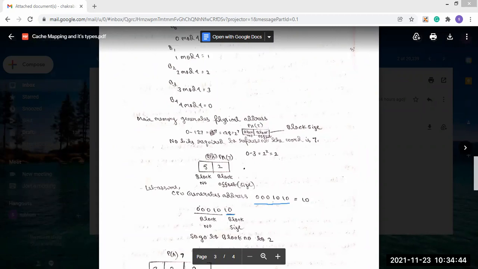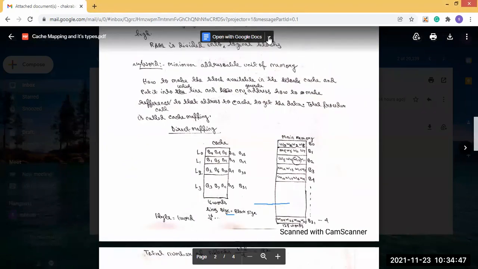So we go to block number 2. In 0001010, the last 2 bits represent the word and the first 5 bits represent the block number.